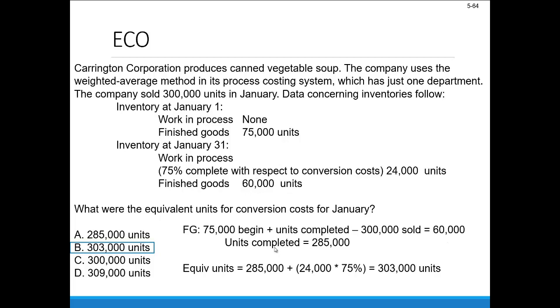That means we must have completed the difference, or 285,000 units. So our equivalent units of production becomes those units completed, 285,000, plus that ending work in process, 24,000 physical units, times the 75% completion rate with respect to conversion costs, for a total of 303,000 equivalent units of production.